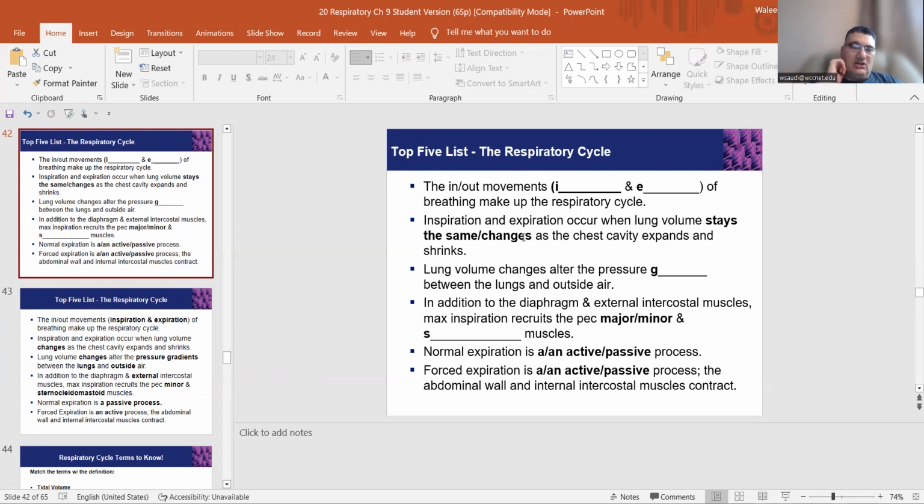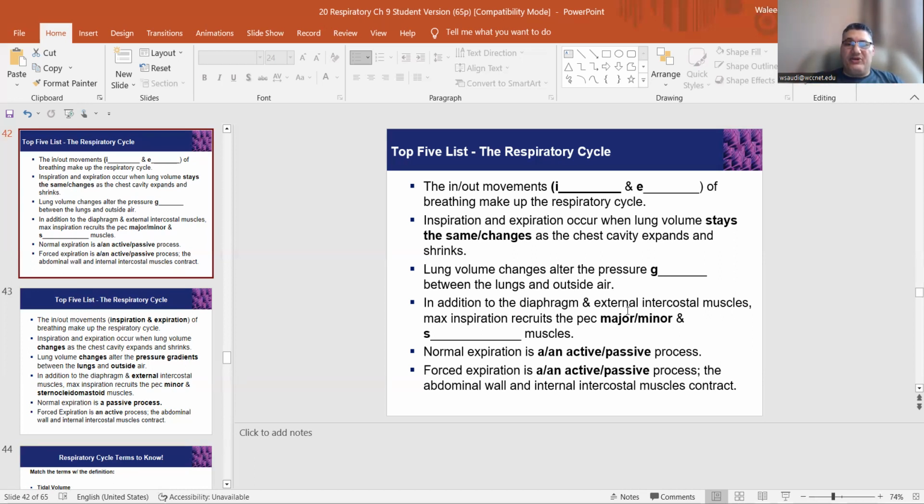Of course, the volume changes, because the volume increases and the volume decreases. Lung volume change alters the pressure gradient. And this is what allows oxygen to move in and carbon dioxide to move out. It's a pressure gradient between the lung and the outside air.